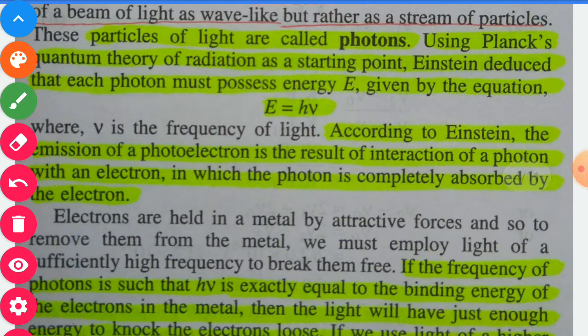Electrons are held in a metal by an attracting force, and so to remove them from the metal we must employ light of sufficiently high frequency to break them free. As you know, the electron carries negative charge and the nucleus carries positive charge.